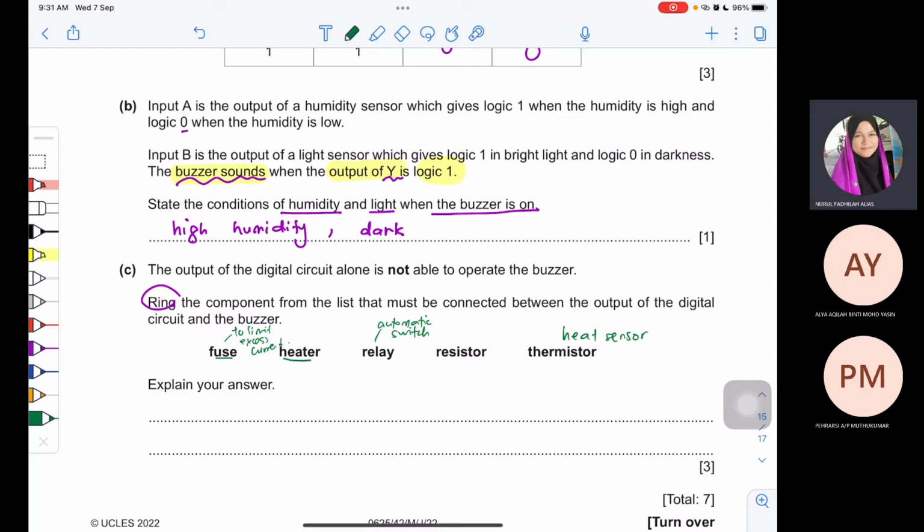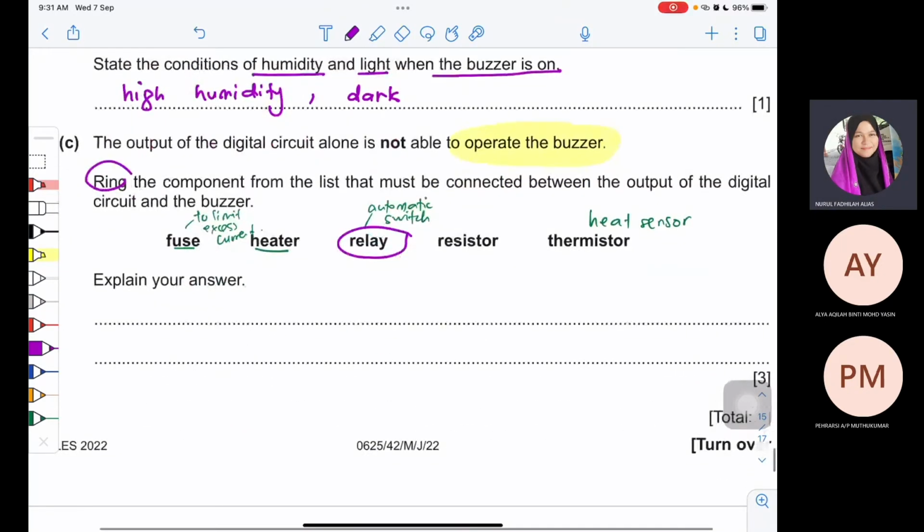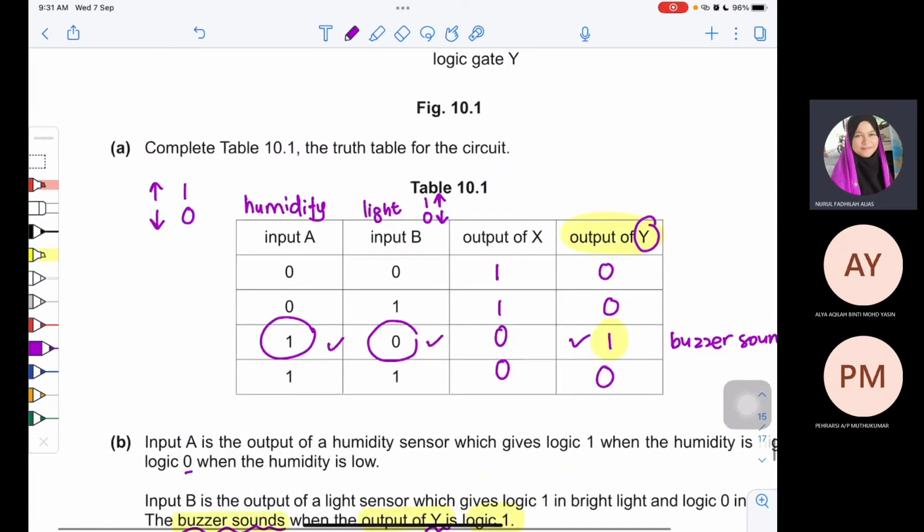So kat sini question dia wants, okay, to operate the buzzer. What do we need? Okay, so the answer is relay. Okay, why? Thermistor. Is it thermistor? Okay, thermistor is already, okay, heat sensor is already here. Dia tak perlu pun.